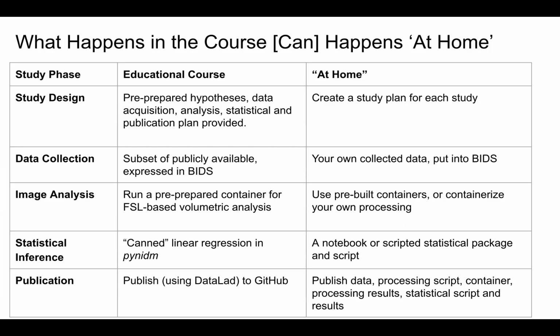At home, this is an opportunity to publish where possible in peer-reviewed or preprint statuses, the data, the processing scripts, the containers, the results, and the statistical scripts you're using. So all of these are publishing opportunities and opportunities to disseminate your work, get credit for your work, and get credit for reuse of your work by others.